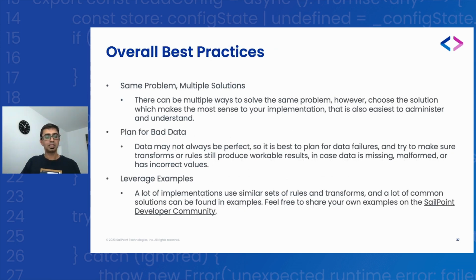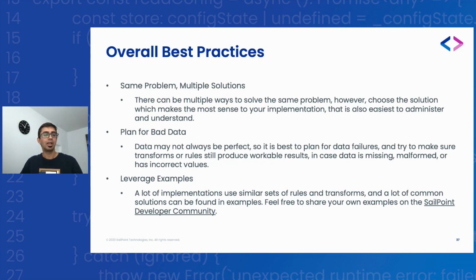Okay, so let's talk about some of the best practices for rules. You can solve the same problem in multiple ways. There is no one that is right or one that is wrong.